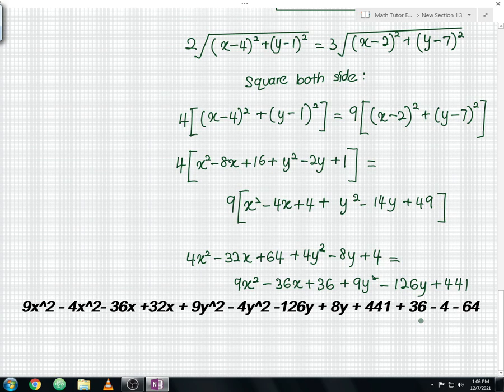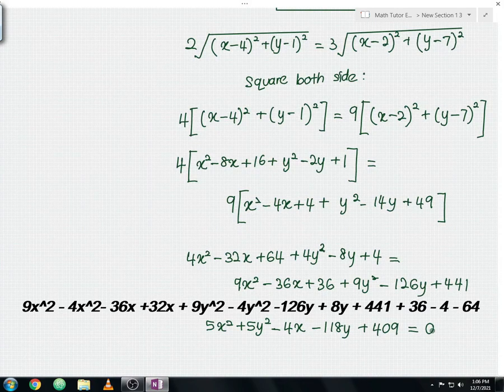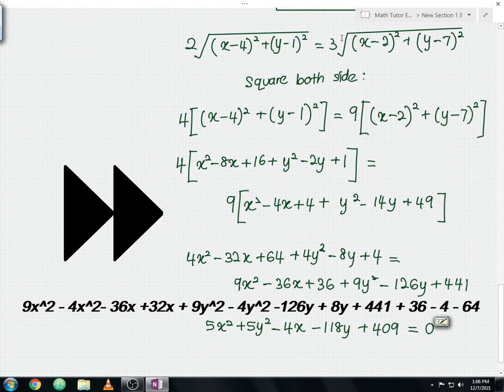You solve them, you should get your answer 5x square plus 5y square minus 4x minus 118y, and then plus 409 is equal to 0. So this will be your final answer, guys. Let me underline the solution for the question part D.